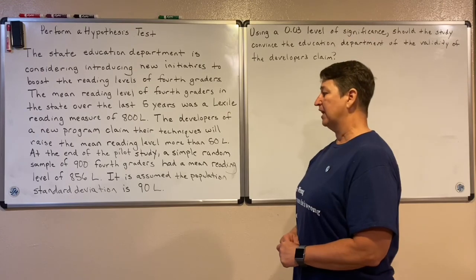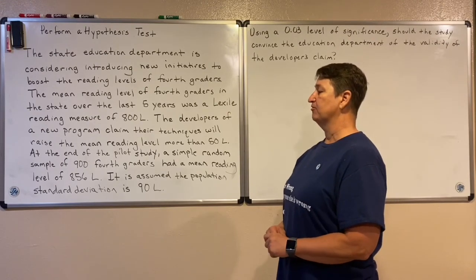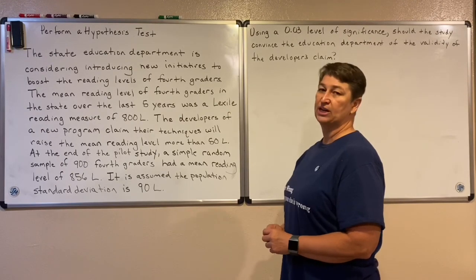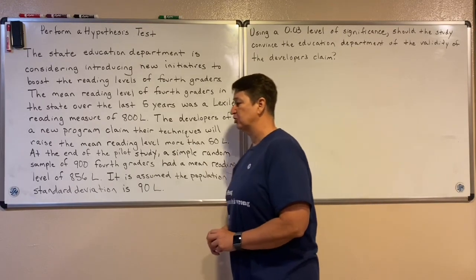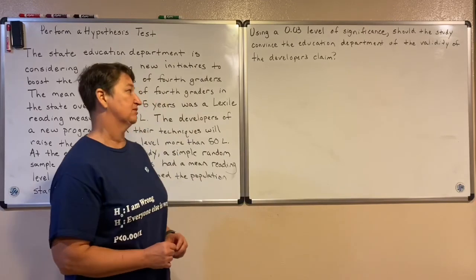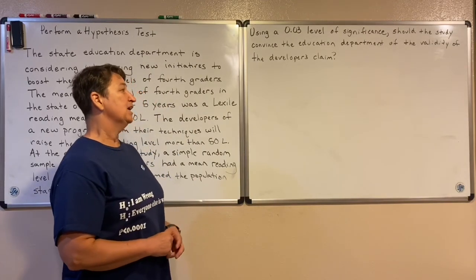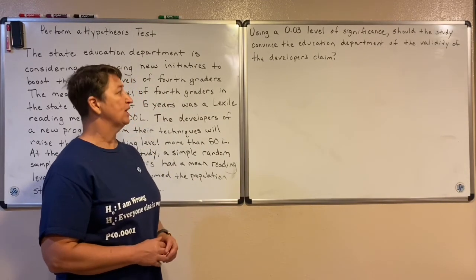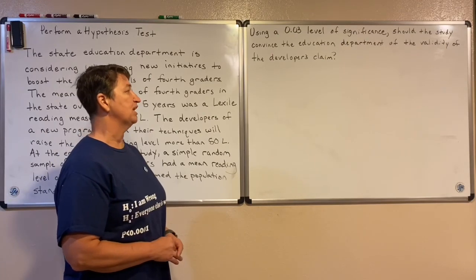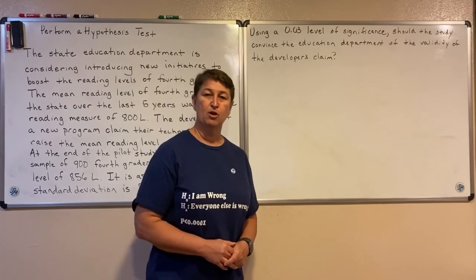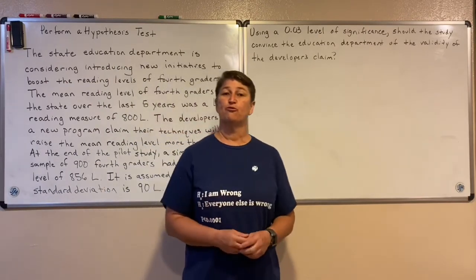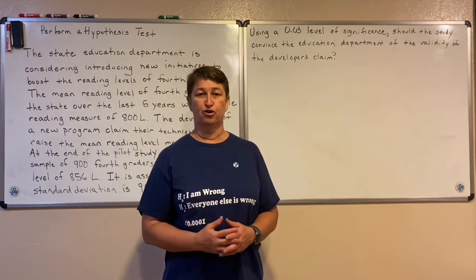At the end of the pilot study, a simple random sample of 900 fourth graders had a mean reading level of 856 Lexile. It's assumed that the population standard deviation is 90 Lexile. Using a 0.03 level of significance, should the study convince the Education Department of the validity of the developer's claim? We're going to perform a hypothesis test to help us determine that.